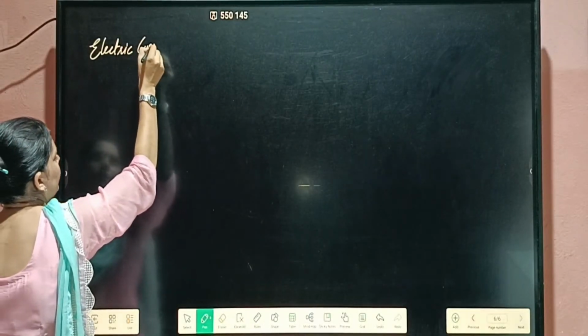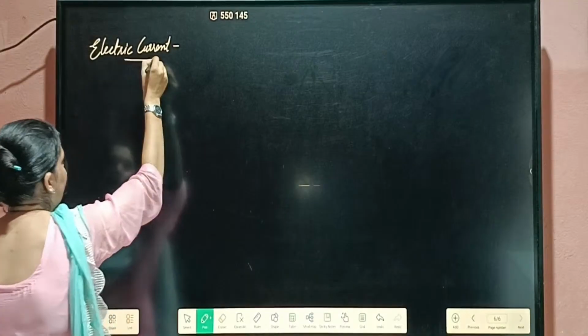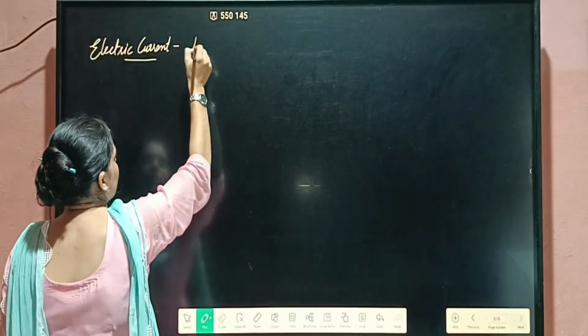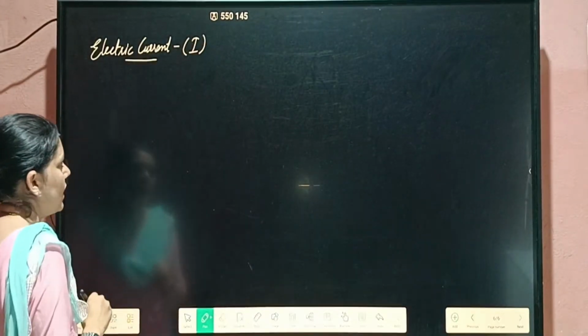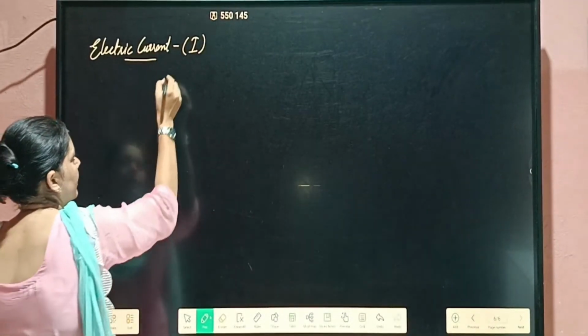Electric current. The symbol we will use is I only. What is electric current? Now that we have done charge, now current comes.